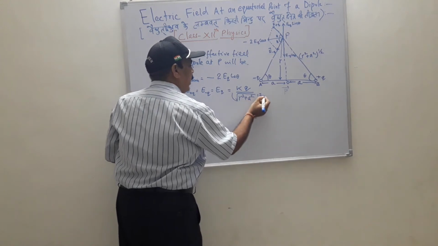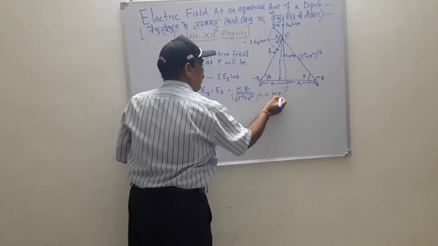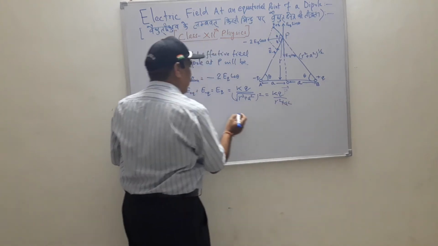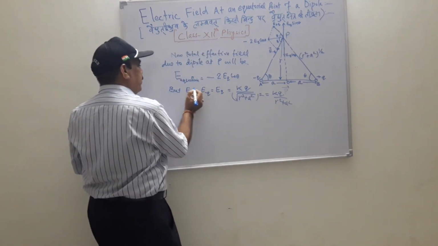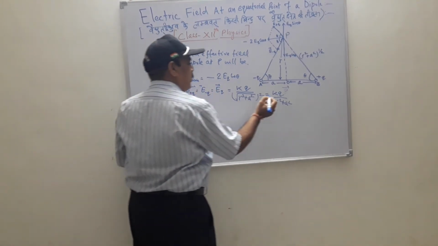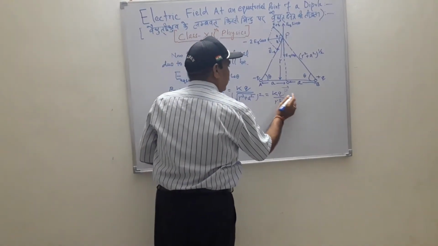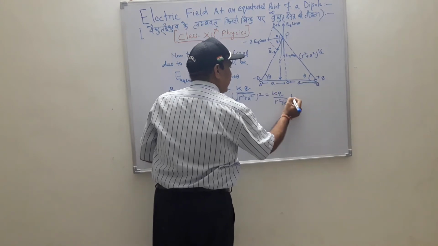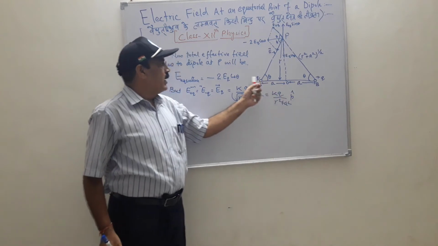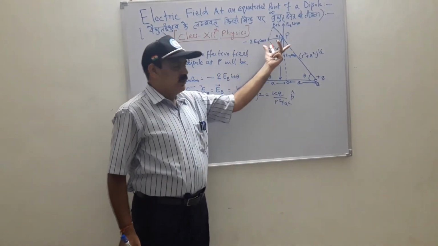That gives KQ upon r square plus a square, and in vector form it is represented with p cap, the unit vector along this direction.